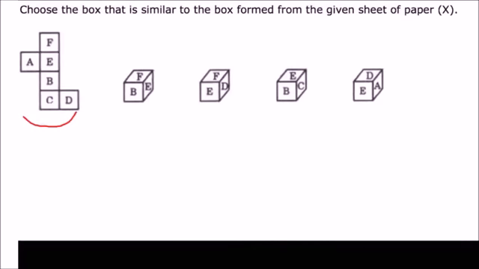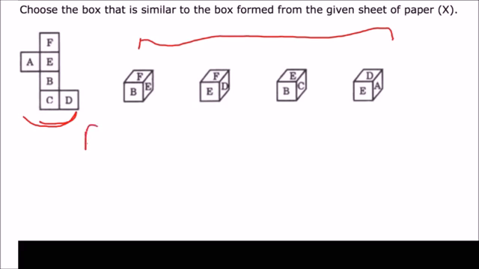So this is an unfolded piece of paper and you are asked to find from these 4 figures which one resembles it. What I said was, next to the adjacent ones: if I see the alphabet F, the next adjacent is E, and next to this adjacent is B, so this B is opposite to this F. That simply means if I skip one and write, that one is opposite to the other.